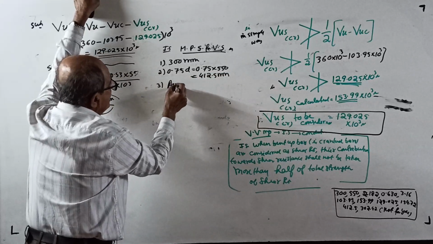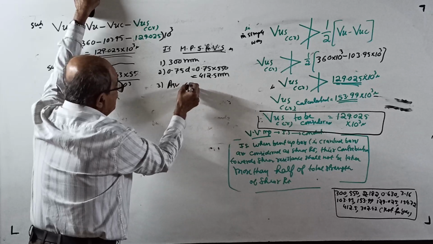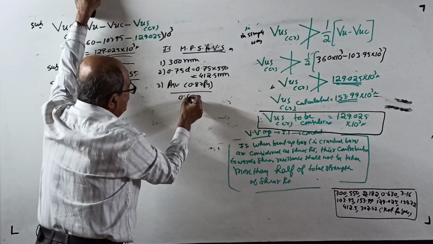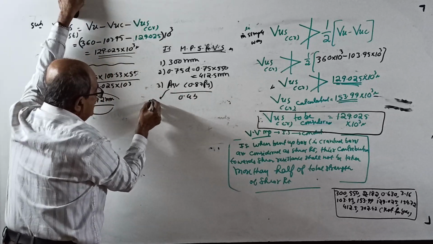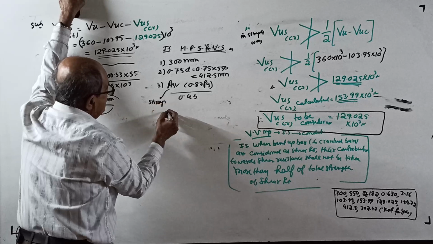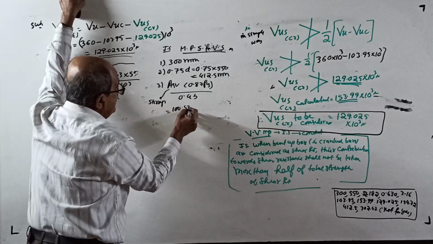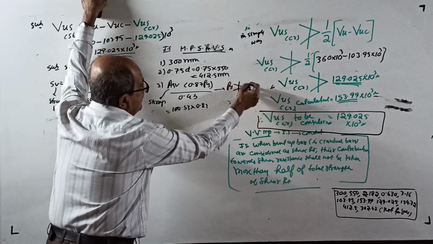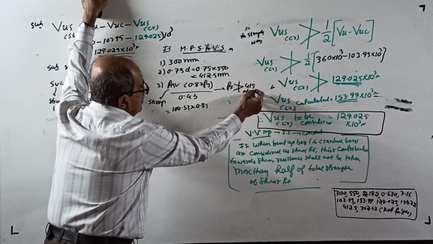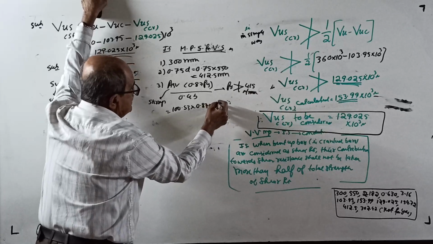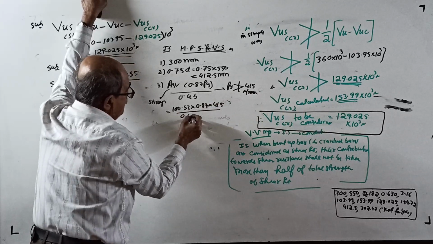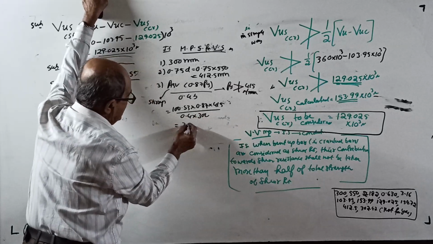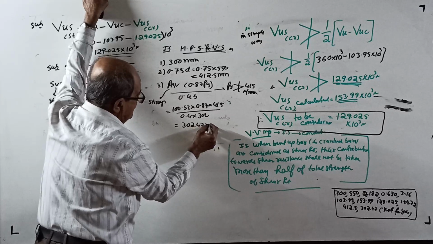Third, 3 ASV into 0.87 Fy divided by 0.4B. ASV for stirrup is 100.53 into 0.87. Once again, Fy not to be taken more than 415. So into 0.87 into 415 by 0.4 divided by 300 equals 302.47 millimeters.